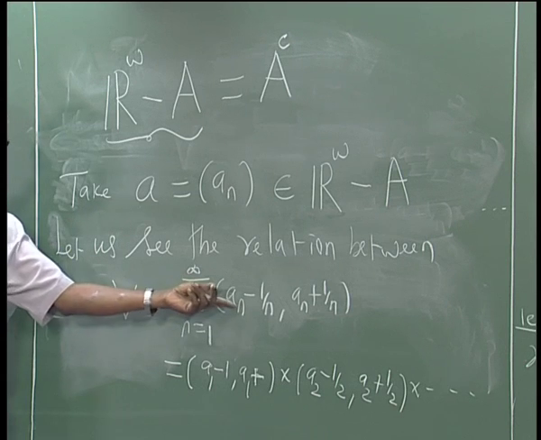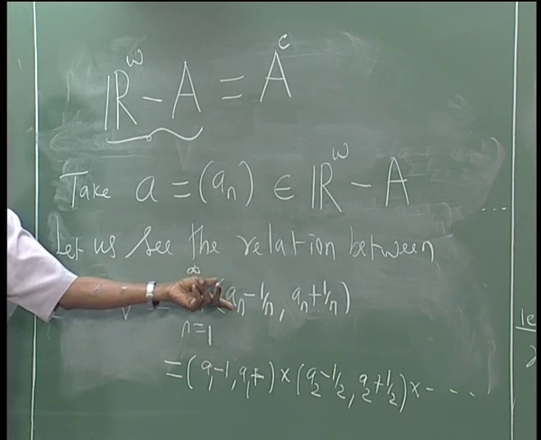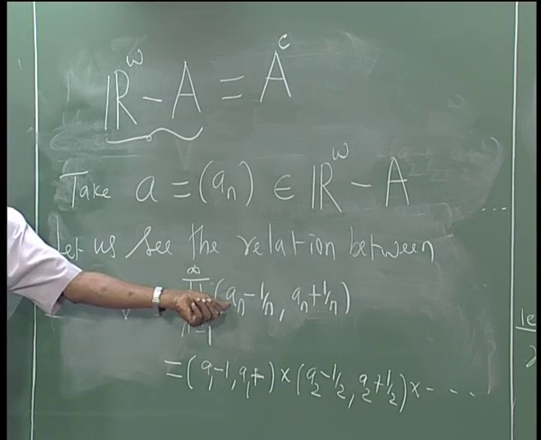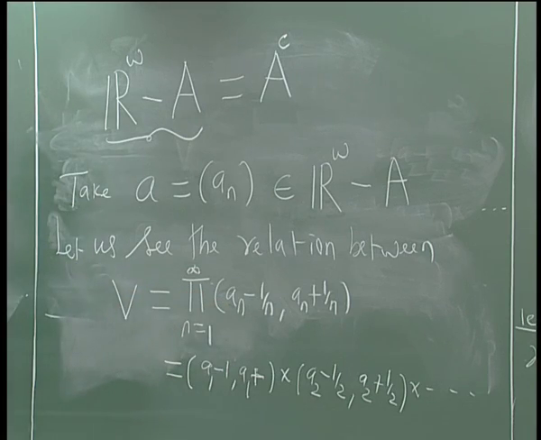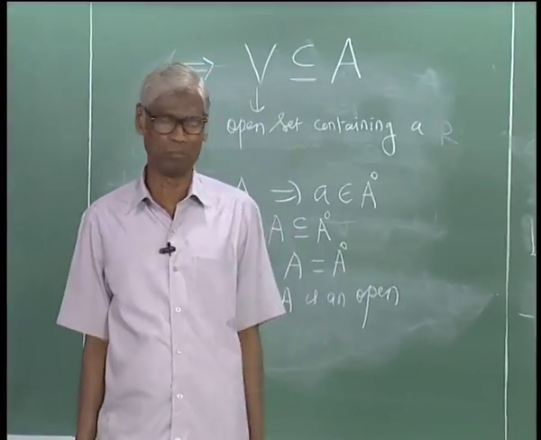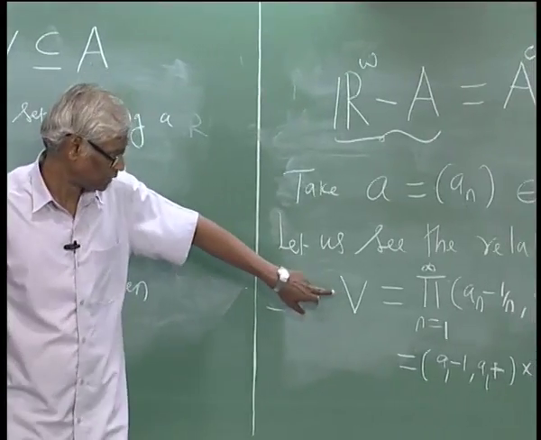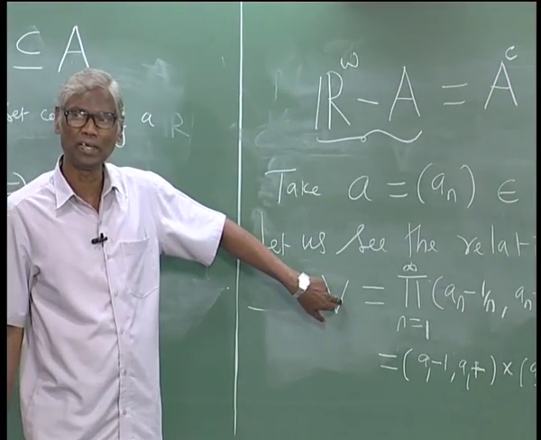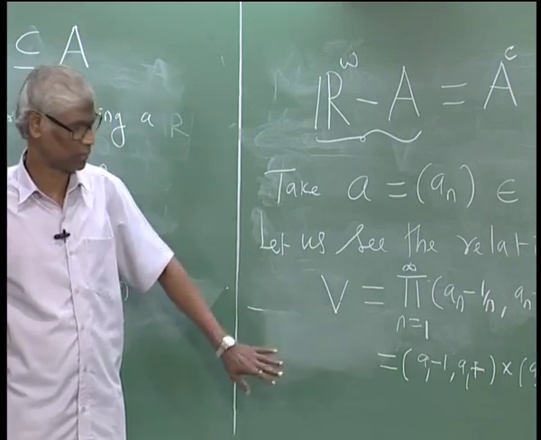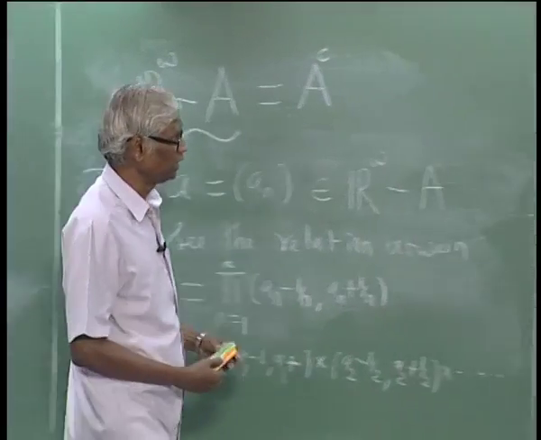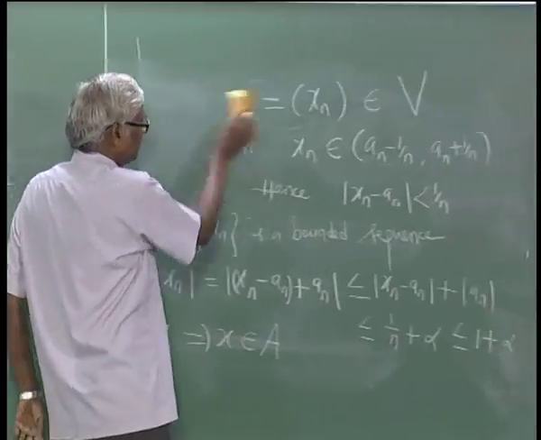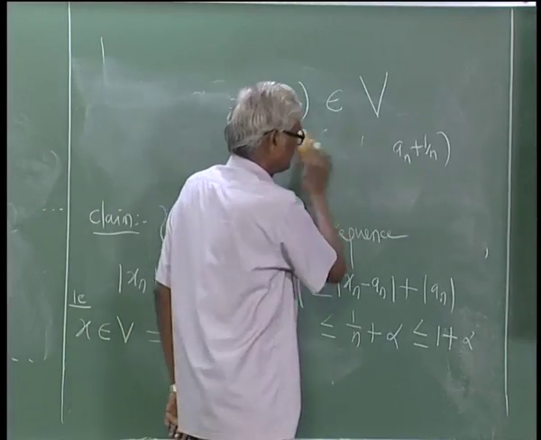That means the same property will be satisfied, x_n comes closer to a_n, hence a_n not bounded implies that elements in V are also not bounded. So let us formally see how we can prove this statement.